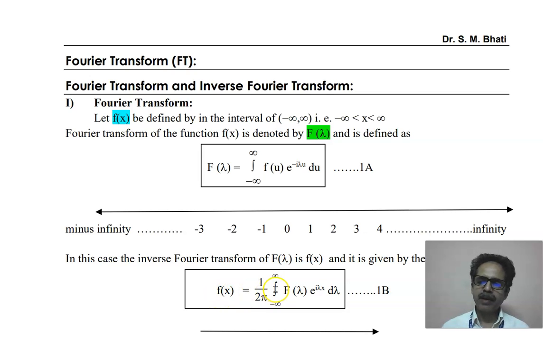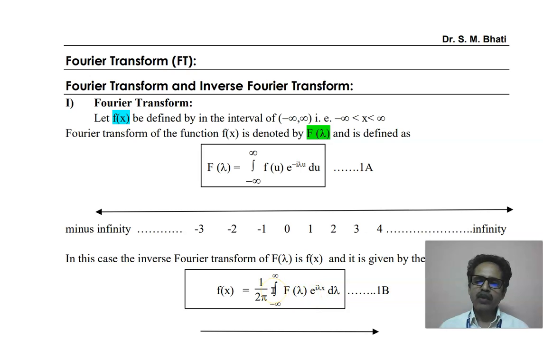In right hand side we have constant 1 upon 2 pi integration from minus infinity to plus infinity capital F lambda e raised to i lambda x d lambda. Here we have d lambda. That means for this integral lambda is a variable of integration and lambda has a limit minus infinity to plus infinity. And another thing is here we have x constant.